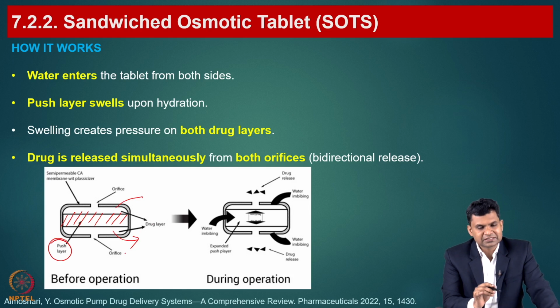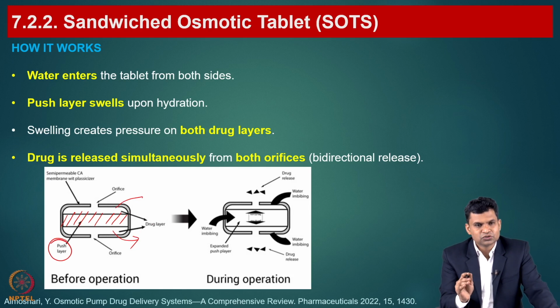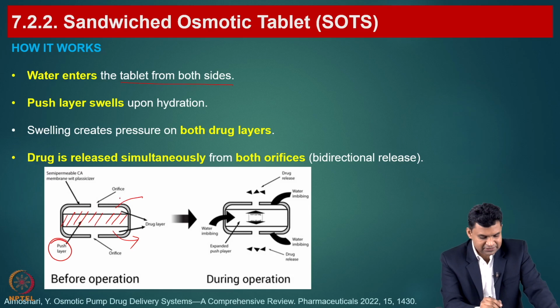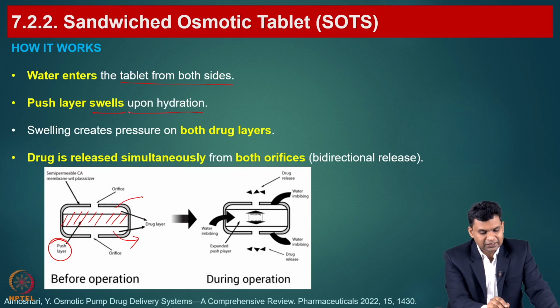So, here we can consider it as a sandwich system. So, water enters the tablet from both sides, like here and also here. From these two sides, water will enter into the push layer and then it undergoes swelling upon hydration.